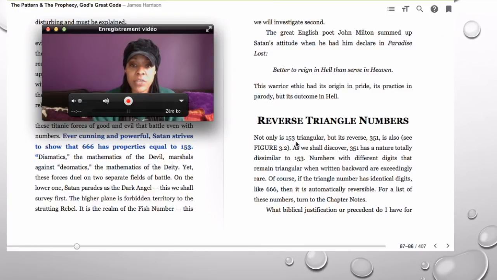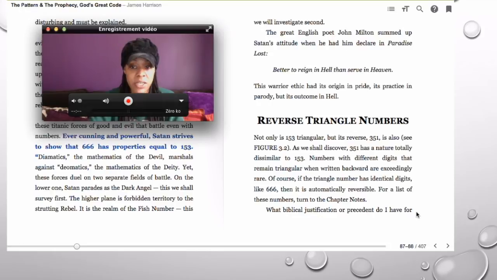So not only is 153 triangular, but its reverse 351 is also triangular. So 351 has a nature totally dissimilar to 153. Numbers with different digits that remain triangular when written backward are exceedingly rare. Of course, if the triangle number has identical digits like 666, then it's automatically reversible.